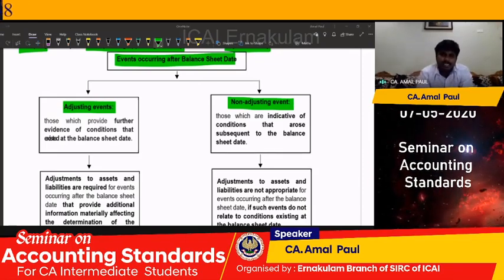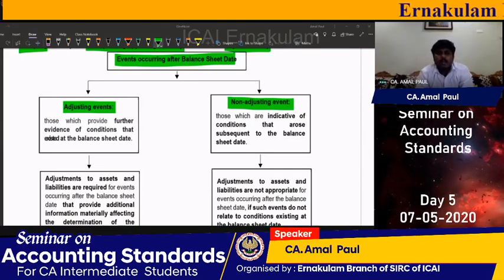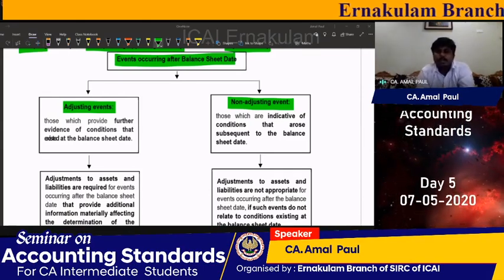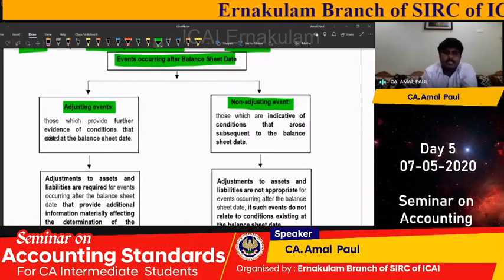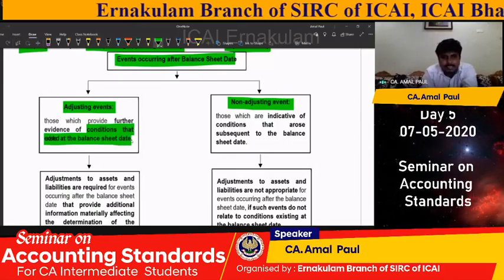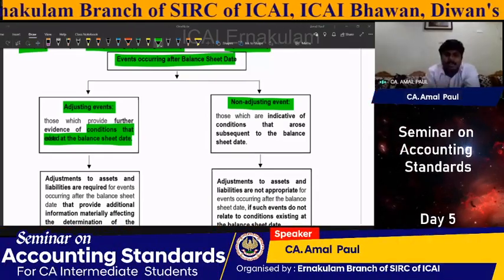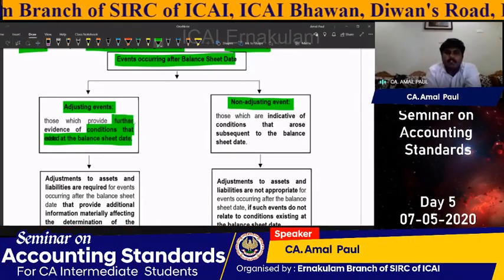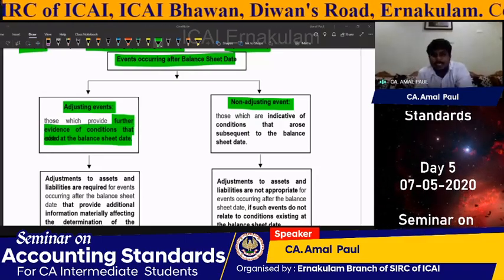What is the case when it comes to adjusting event? There was a condition that existed at balance sheet date. What the event conveys is that it is only a further evidence of this condition existed at balance sheet date.